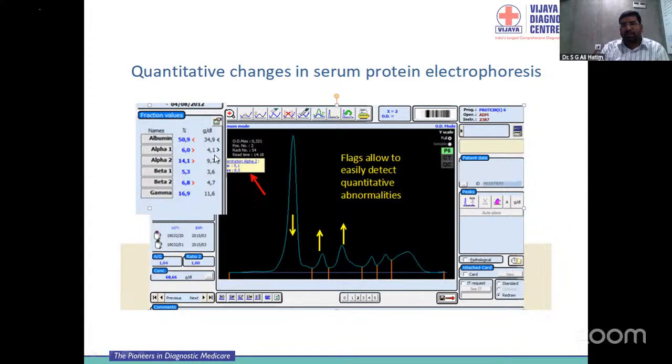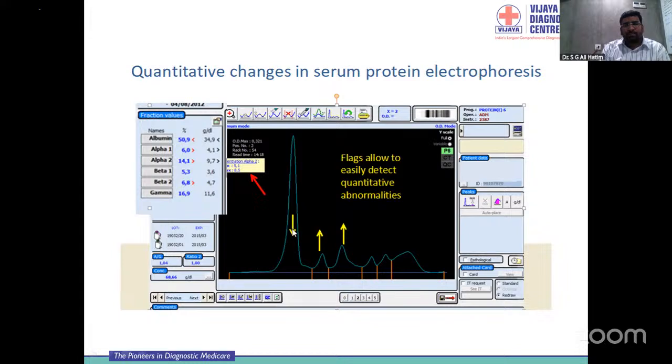It will clearly depict less than or more than symbols, and if we keep a cursor here, we can show the normal ranges also. By this, you can say whether the fraction is increased or decreased, or you can see the pattern in the graph from the arrows shown. So you can see albumin is decreased here.